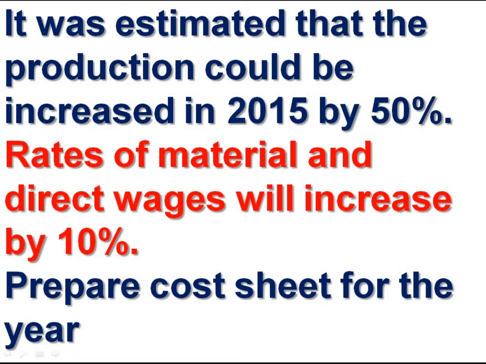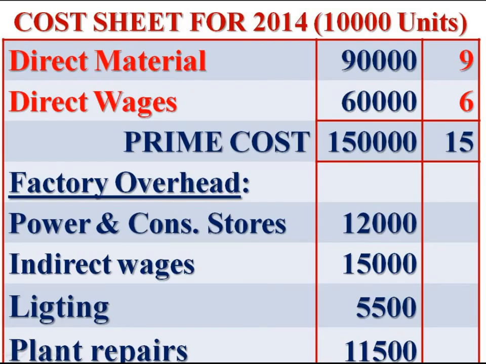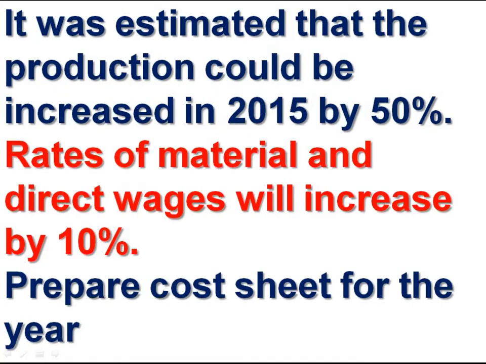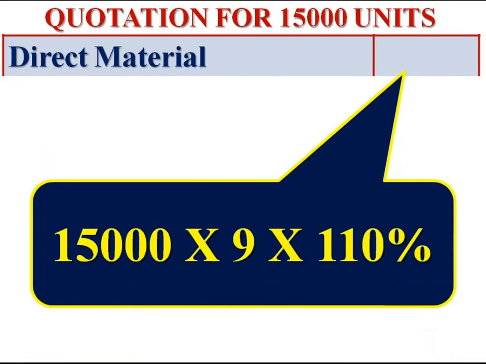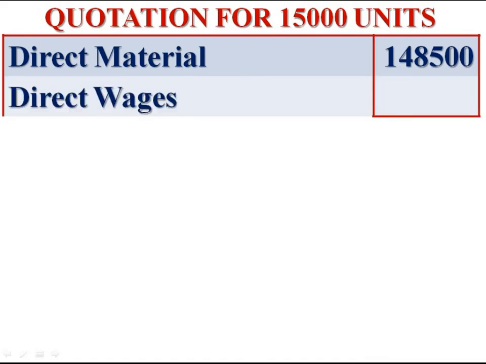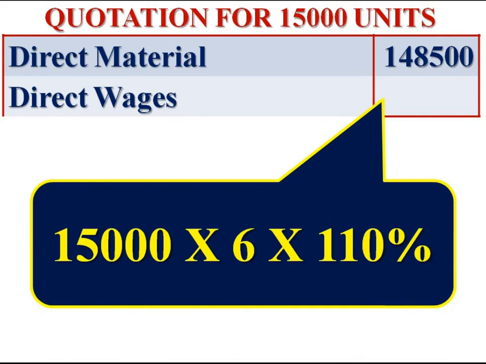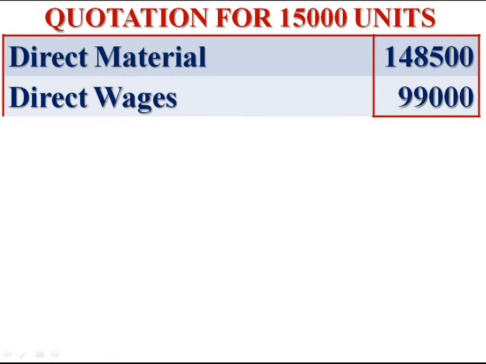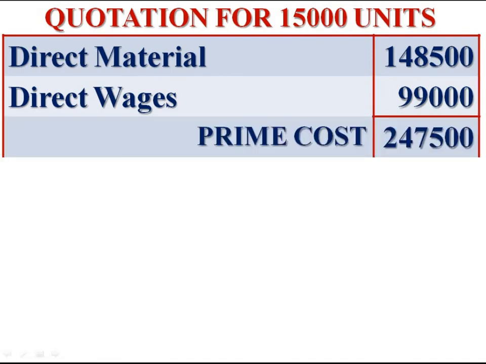Direct material 15,000 units into 9 into 110% is equal to 1,48,500. Direct wages 15,000 into 6 into 110%, 99,000. We get prime cost 2,47,500.